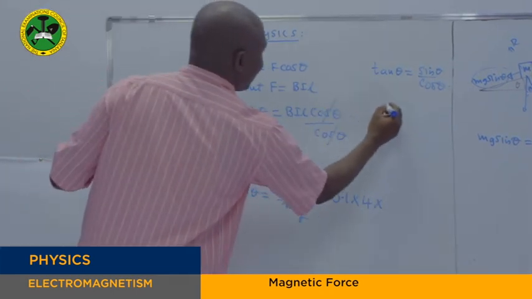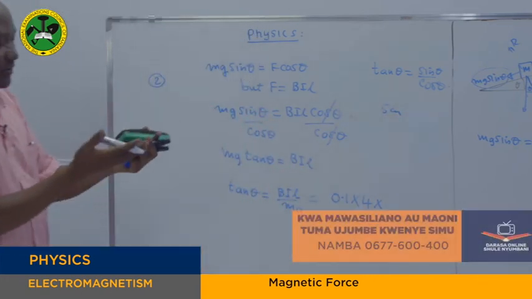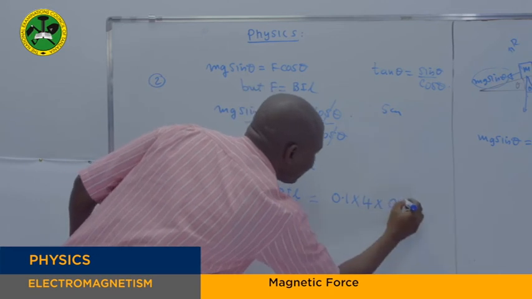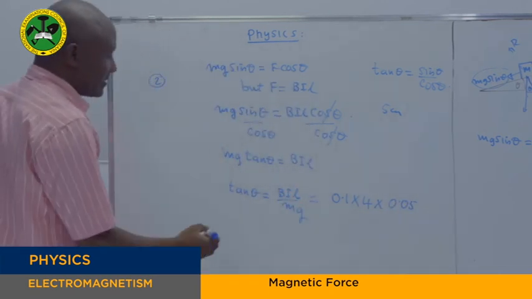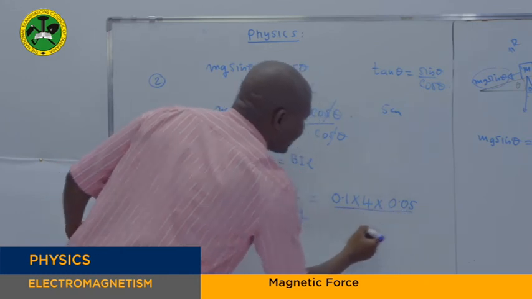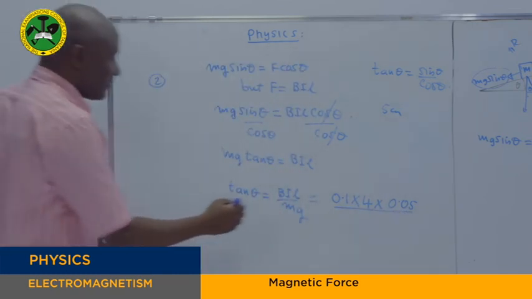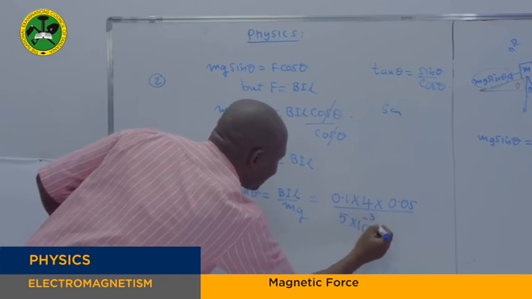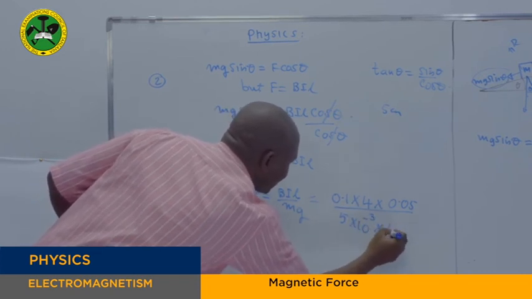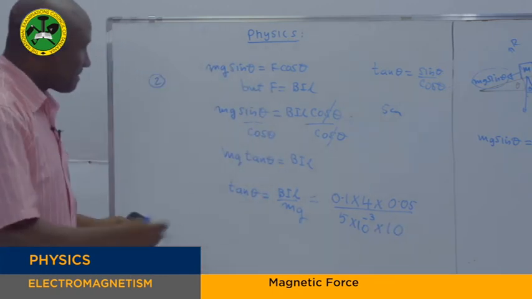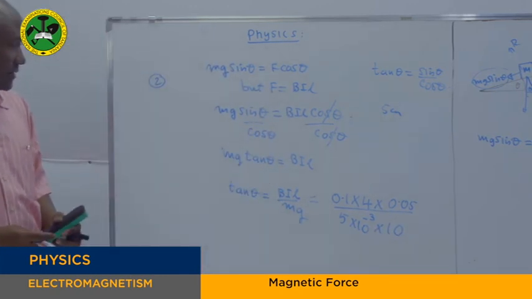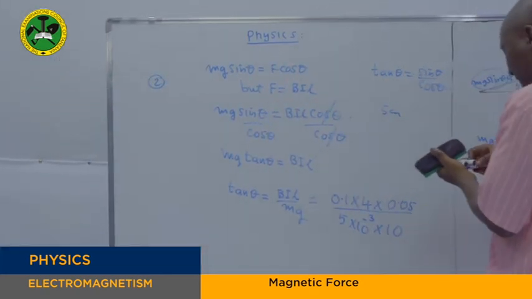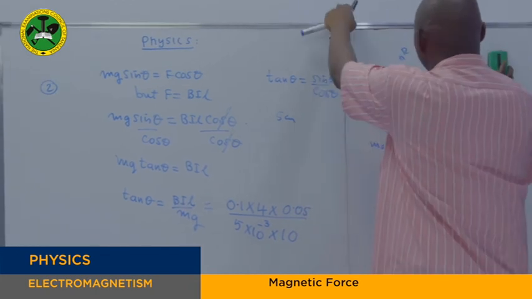The length was 5 centimeter, which was the distance between the rails, the length of the bar X. So you convert this into 0.05 meters, divided by the mass of that bar, which is given as 5 gram, 5 times 10 power negative 3, and our g is 10. Try to check the values there using your calculator. Plug the values and check how much you are getting.